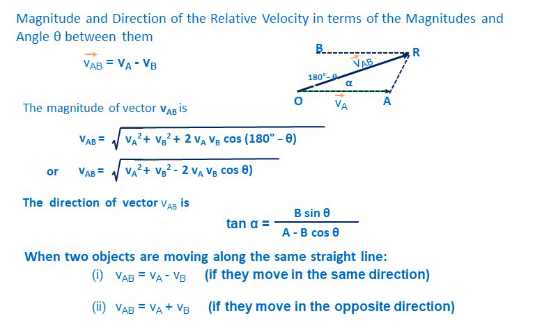So tan alpha is equal to VB sin theta over VA minus VB cos theta.